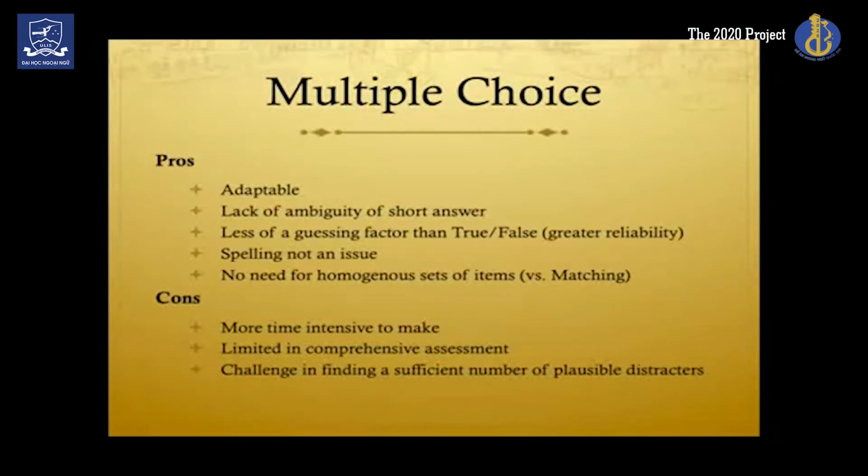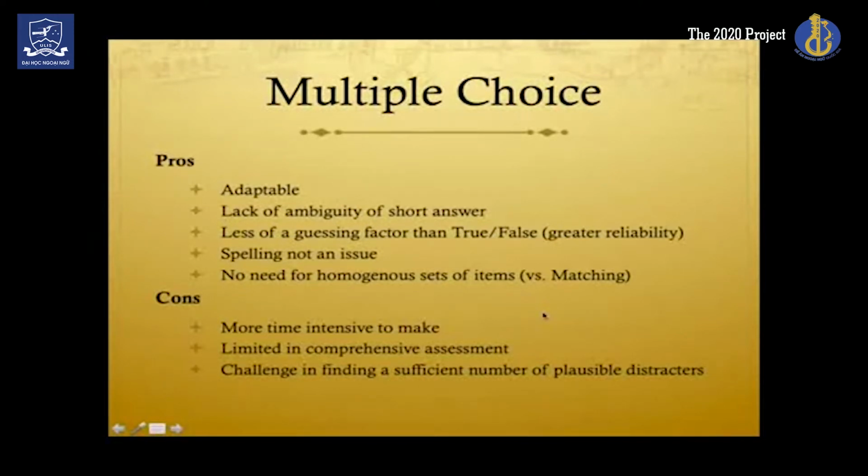You can ask the same kinds of questions as you would with the short answer, but you get to pick what the possible answers are. You lower the guessing factor. You don't have to worry about spelling. You don't have to worry about homogeneous lists like you do in matching. It can be different because every question is different. The bad thing about multiple choice is that they're really hard to make.